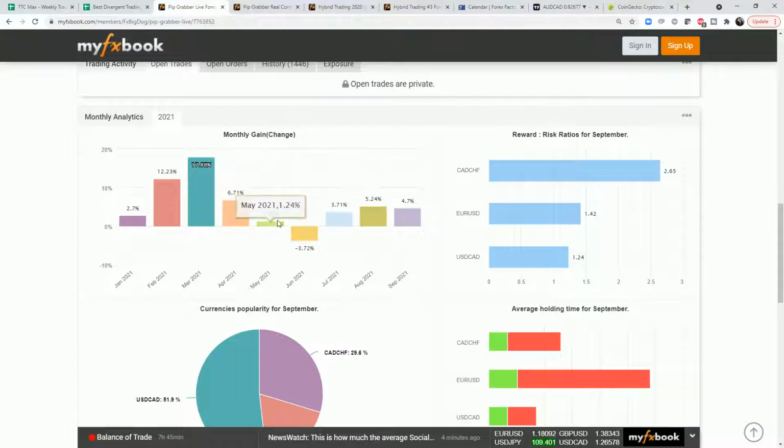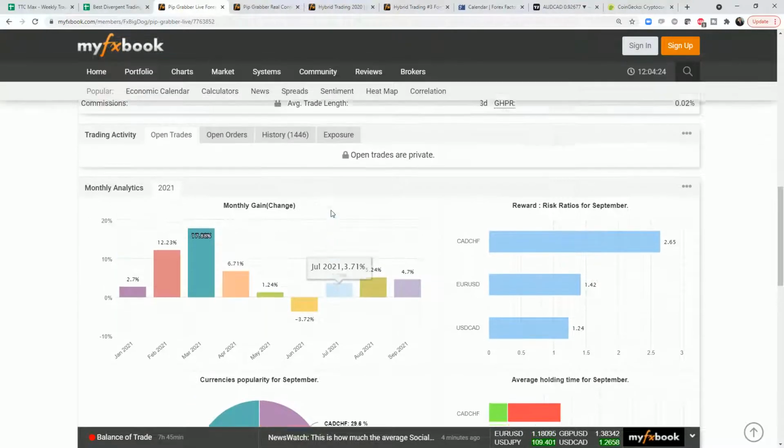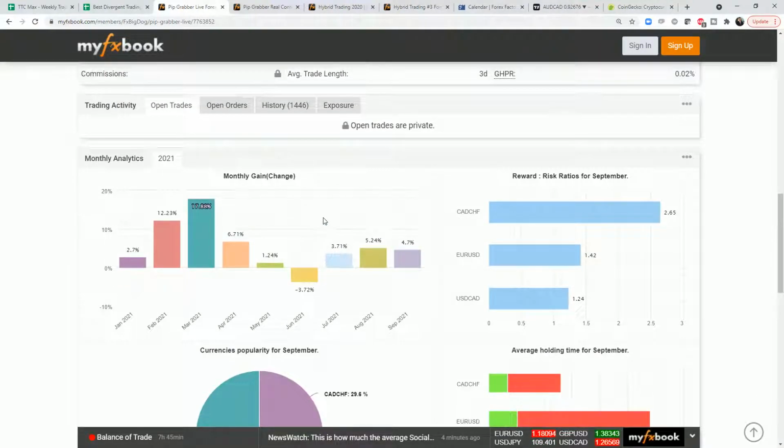And then we had some slower months, and then we had some greater months. So we're doing very well over the long term. In fact, we can say that this strategy is very consistent in what it does. Now, for those that are following the trade copier, this is the results of the trade copier right here. This is exactly what the trade copier is doing, pip by pip and trade by trade.